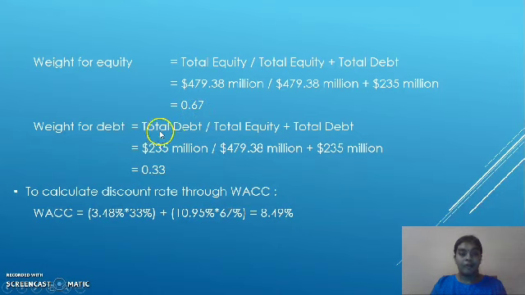The weight for debt can be calculated by total debt divided by the sum of total debt and total equity, which is equivalent to 0.33. To calculate the discount rate through WACC, we need cost of debt times weight for debt plus cost of equity times weight of equity. The discount rate will be equivalent to 8.49%.